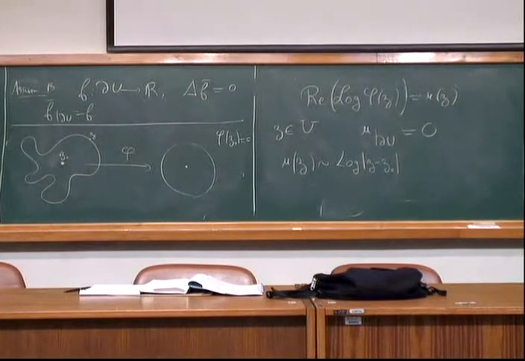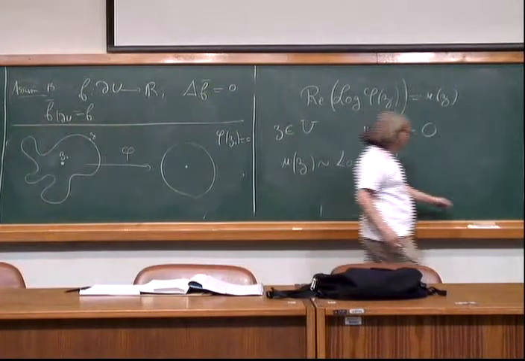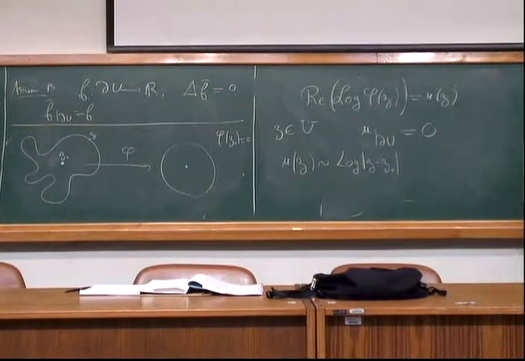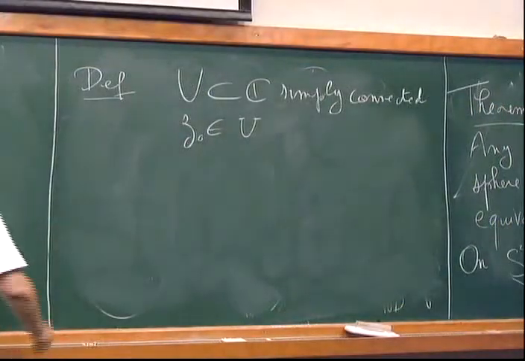So now this gives the following definition. Definition. So we are given some domain U in C, which is simply connected. We are given a point z0 in U, and we define a Green function.